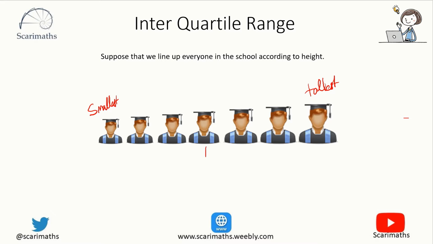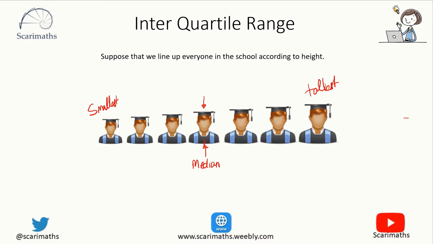In this case, this person here, right there, is the middle. What we're going to do, instead of calling them the middle, we're going to give them their proper name, the name median. Remember, the median is the middle.